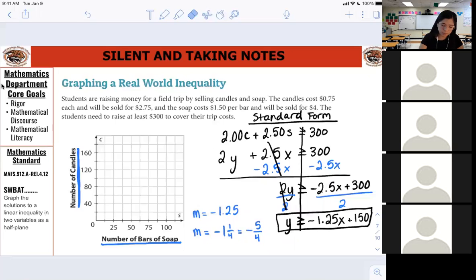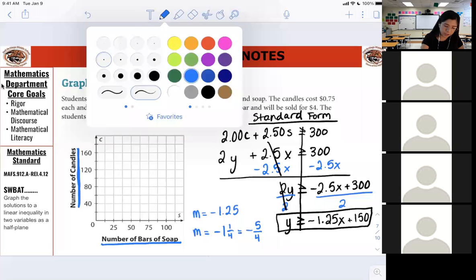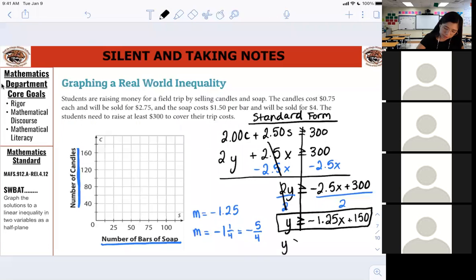All right, so we have the slope. Now I know that the slope is negative 5/4, so I'm going to rewrite this using my fraction. So this is y is greater than or equal to negative 5/4 x plus 150. I think Christopher was saying that this is going to start at the 150, and that's because the y-intercept is 150.